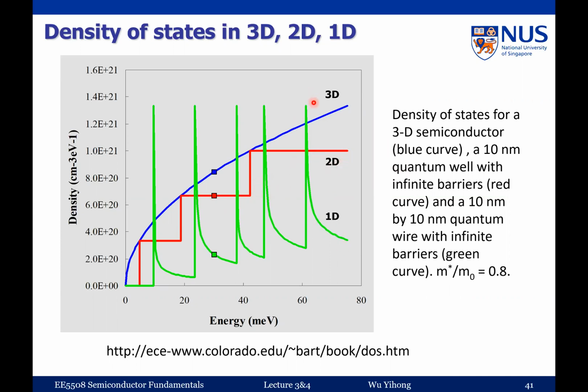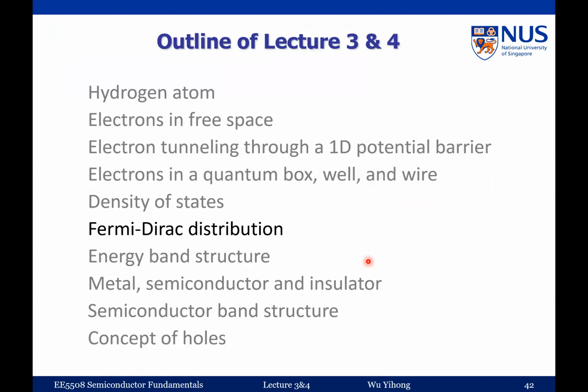And 1D, as I explained, is not very stable. So remember, these spikes are supposed to go to infinity, right? So if you have a very sharp spike at the Fermi level, and your Fermi level somehow ends up near this region, then your system is bound to be unstable, right? So you may observe some interesting physical phenomena, but it's not very good for practical applications.